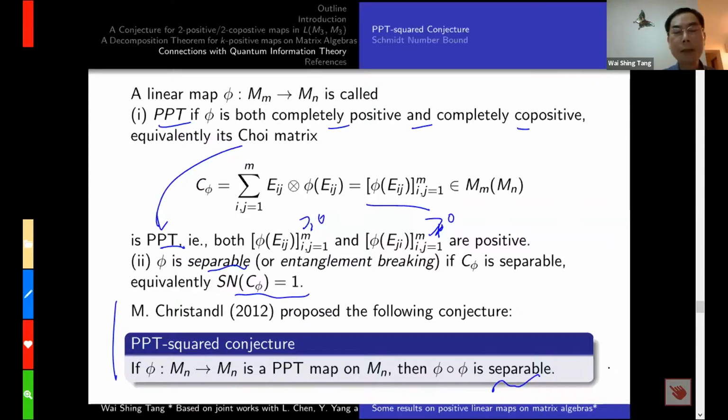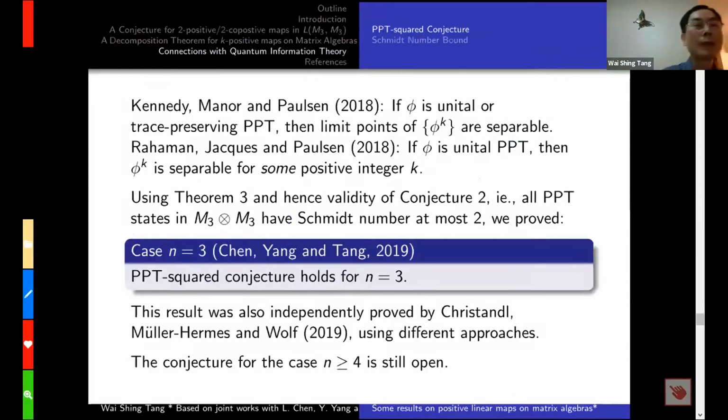Now it turns out that there are quite a number of important partial answers to this conjecture, namely by Professor Paulsen's group. They have proven a lot of very nice results. If phi is a unital and trace preserving PPT map, then it's not right away that the composition of phi with itself is separable, but rather when you consider the sequence of its iterates, the limiting points are separable.